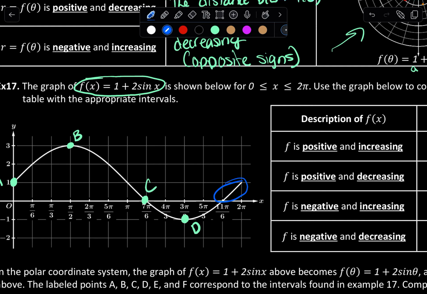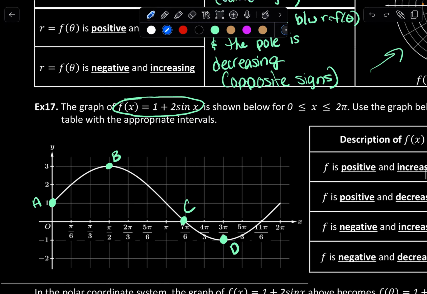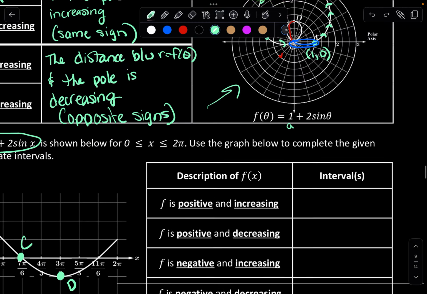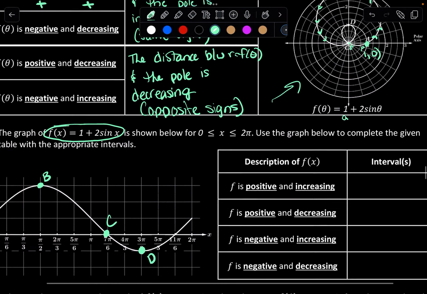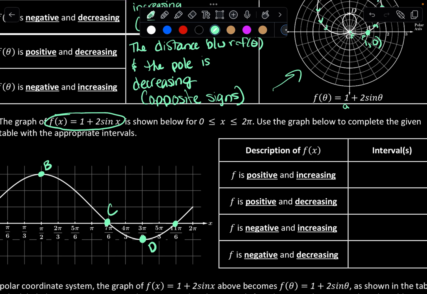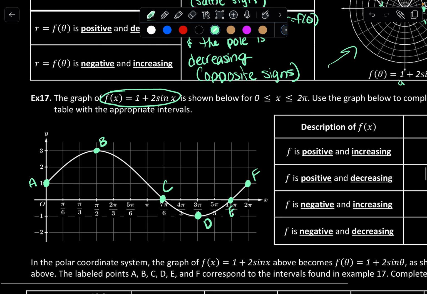Because we cross the pole again, we end up having a positive radius. We'll call this point E as well, and then when we arrive back to A, we'll call that F, just to finalize it.